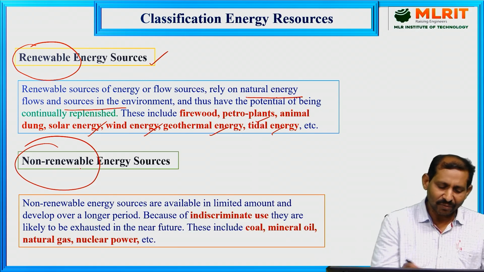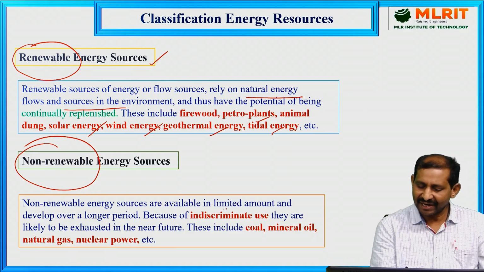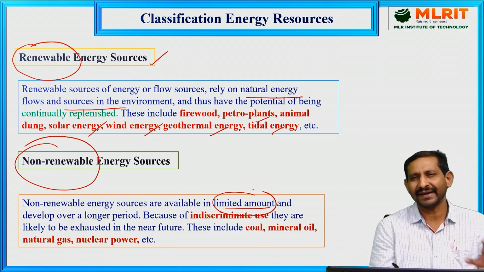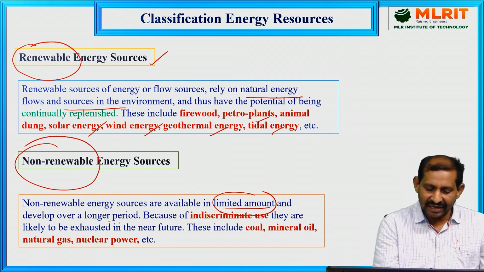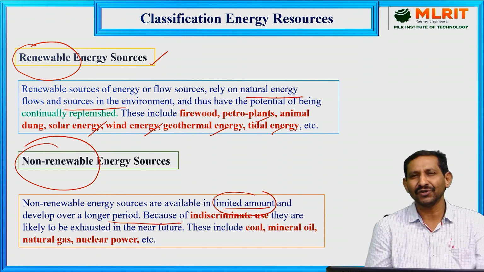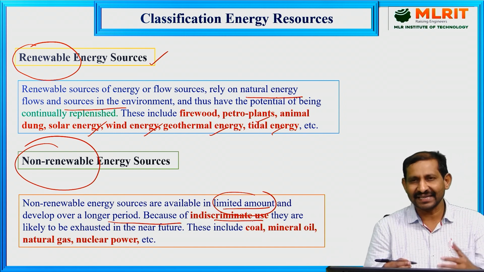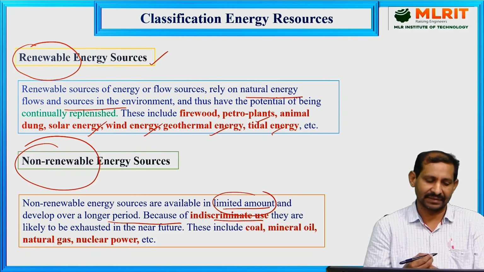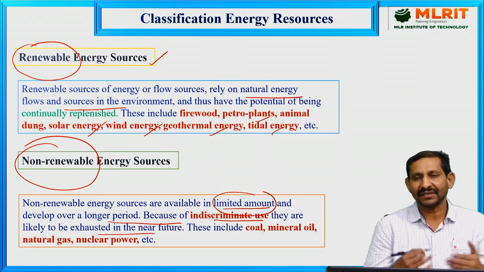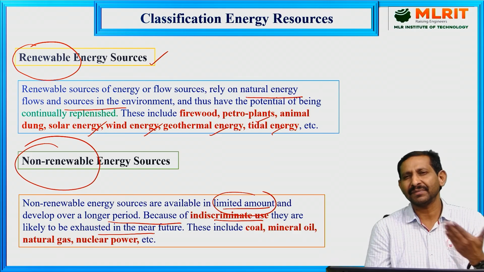Non-renewable energy sources are available in a limited amount in the atmosphere or environment. If we use them continuously and indiscriminately for our daily purposes, after some time in the future they may be exhausted.